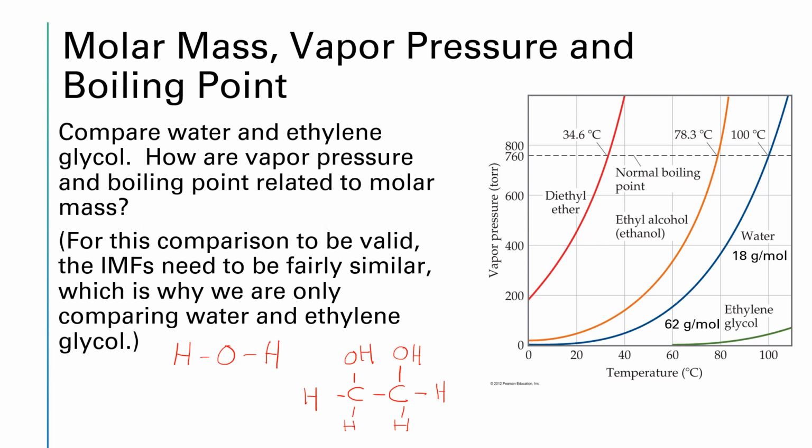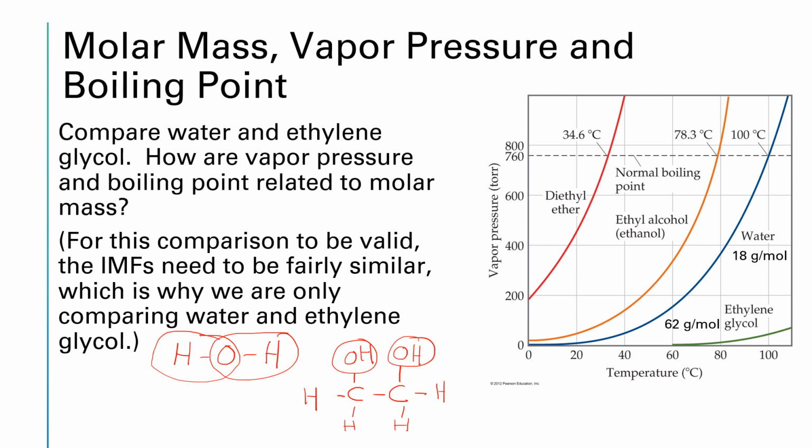We've got essentially two OH groups. On water, we would consider that to be one OH group and then that to be one OH group. We're using the same O for both, but we've got 2 spots where these molecules can do hydrogen bonding. And notice that ethylene glycol with a bigger molar mass has a lower vapor pressure.